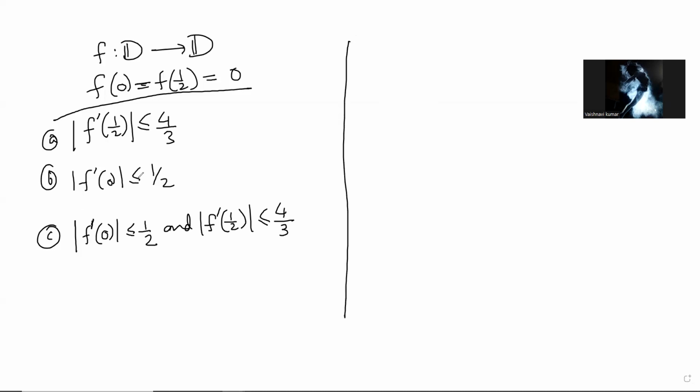We might have said option C, because what we know is mod f(z) is less than or equal to mod z. This was something which we proved, and this implies that mod f prime of 0 is less than or equal to 1.